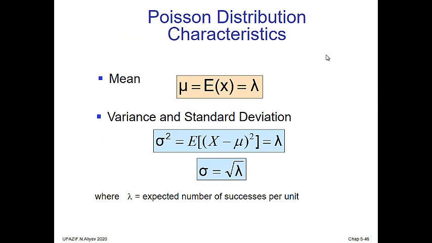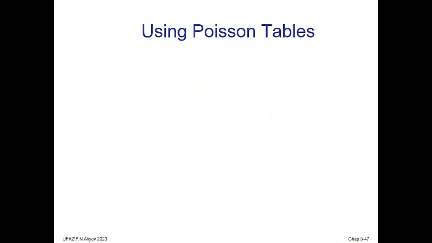Poisson distribution characteristics: the mean is equal to lambda, the variance is also equal to lambda, and the standard deviation is equal to the square root of lambda. We may find these formulas using the formula for expected value and the formula for the variance. It's not hard, but you need to remember these three things: expected value, variance, and standard deviation for the Poisson distribution. For the binomial distribution, we learned to use the table for calculation and the formula.